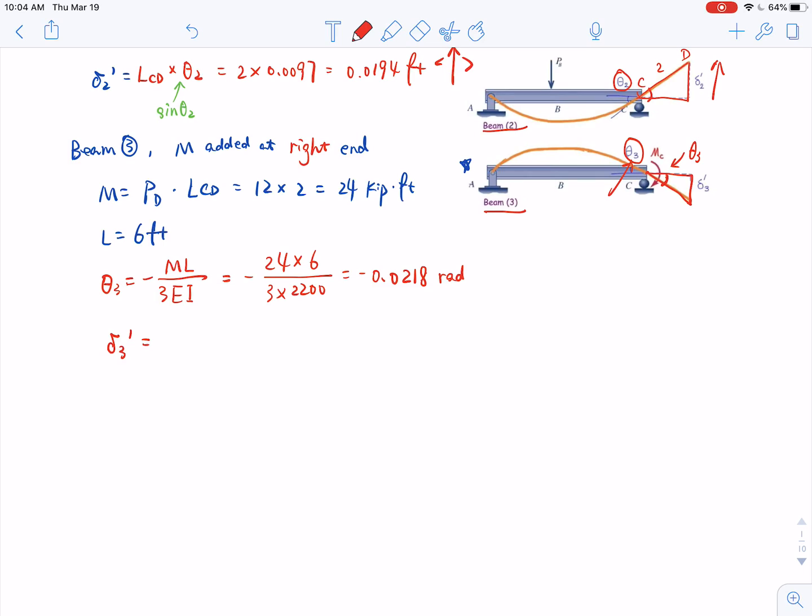So in this triangle, the delta 3 prime equals L_CD by theta 3, and that is 2 by negative 0.0218. It's a negative 0.0436 feet. But here it's a downward deflection.